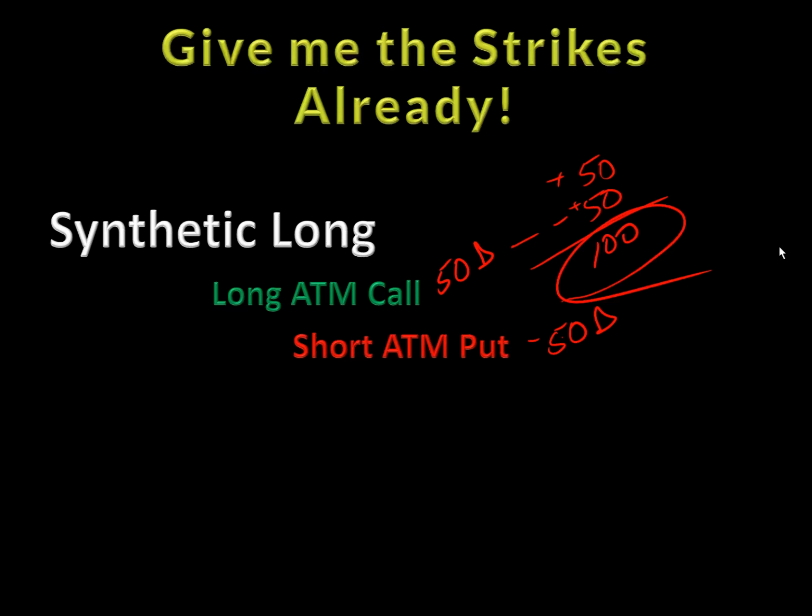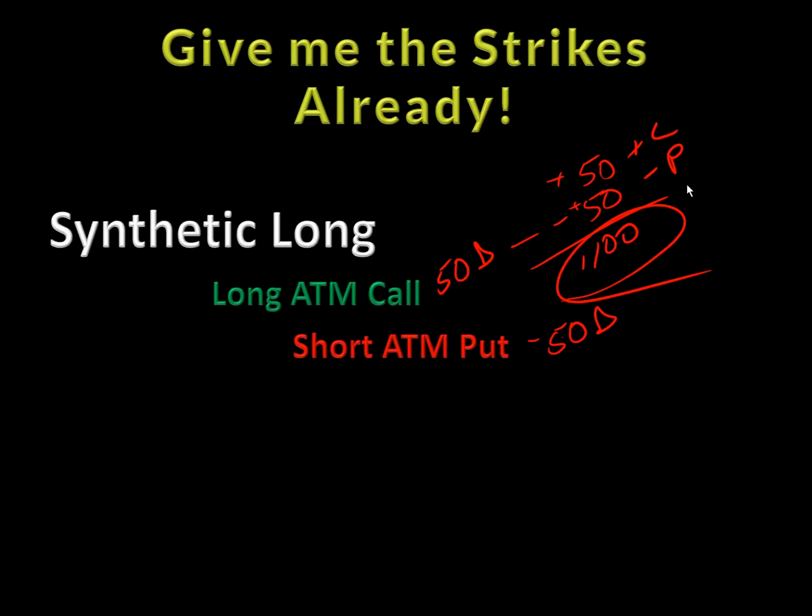Does that make sense? Should I go over that again real quick? If you buy 50 deltas and the underlying goes up, then my position increases by 50 cents, right? If I sell 50 deltas on the put side, those are negatives, so two negatives make it a positive. So if I bought a call and sold a put, that would equal 100 deltas.